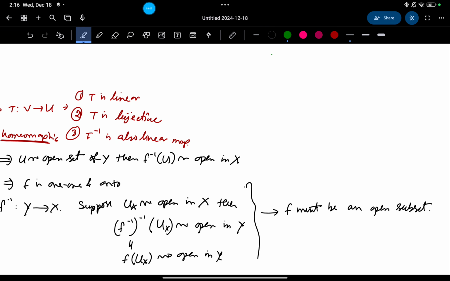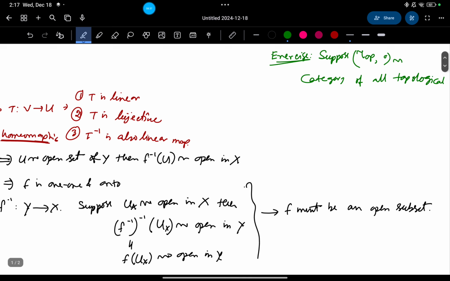Suppose Top is, let's say, the category of all topological spaces.